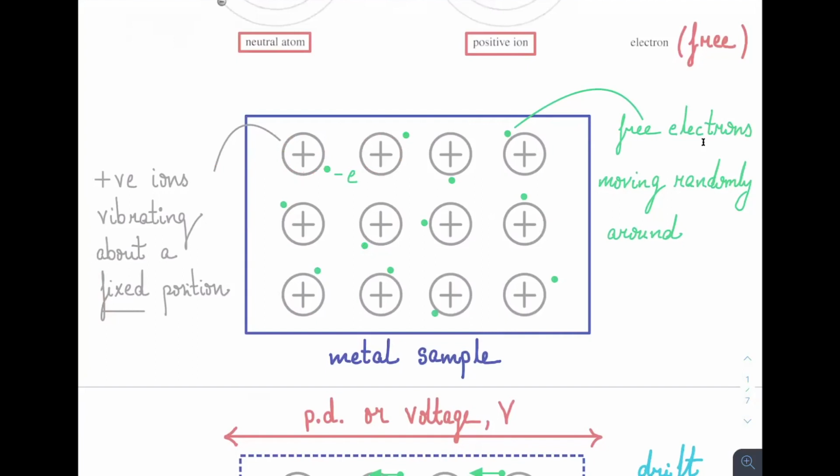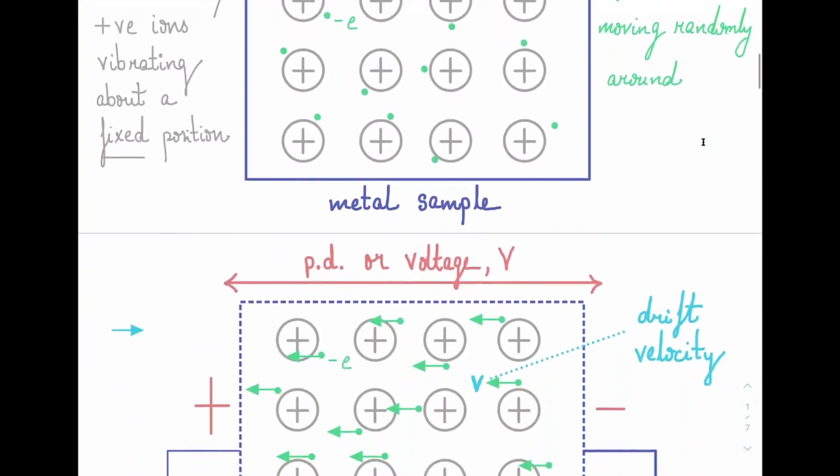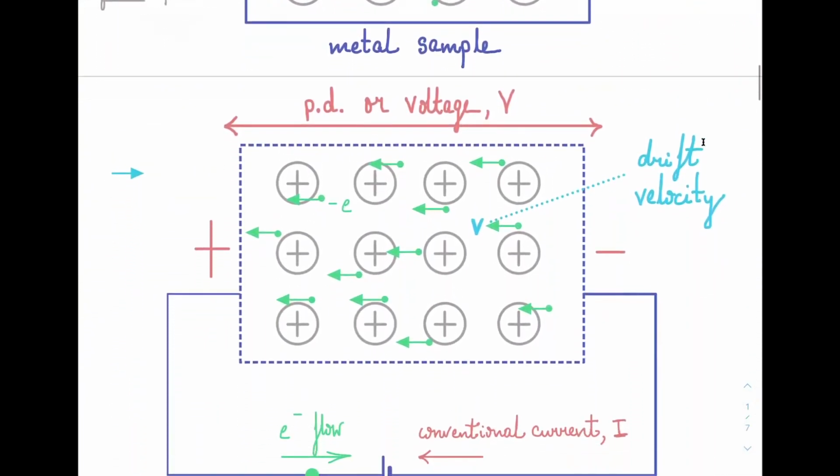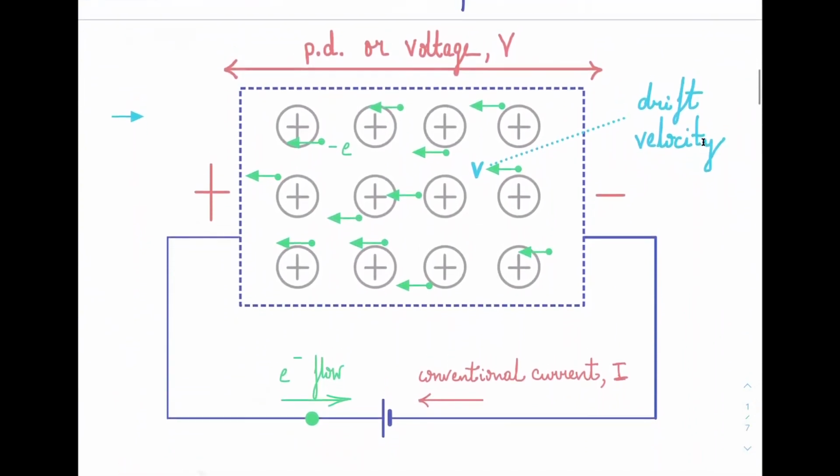Now, if we were to apply an electric field across a metal sample, in other words, we apply a potential difference or voltage across the metal, such as by connecting a battery across a copper wire, then we find that the free electrons are all accelerated towards the positive terminal of the voltage source.